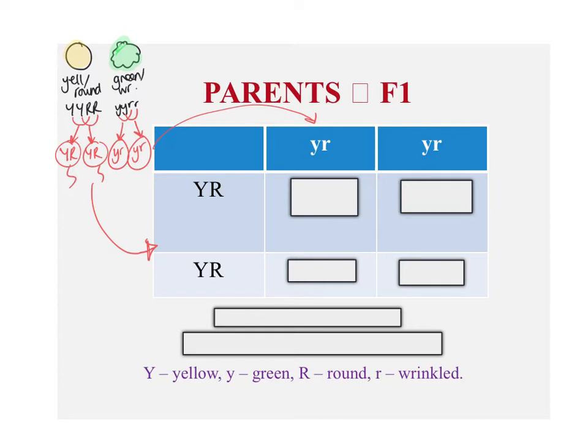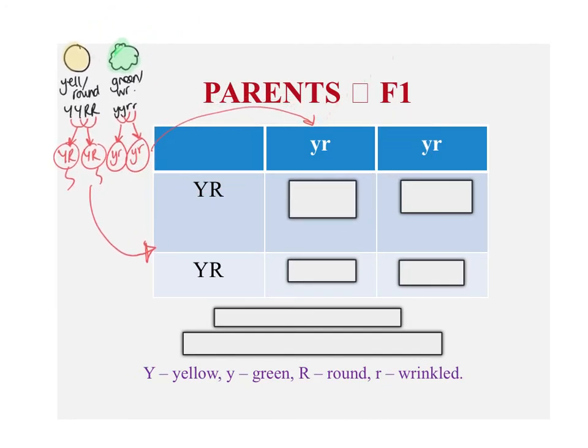But what we should have is a selection of offspring with the following genotypes. Remember when we write them, we keep the Ys and the Rs together. So this offspring is now big Y, little y, big R, little r. And I just want to point out that you could have written it big R, little y, big Y, but that looks ugly, really messy.